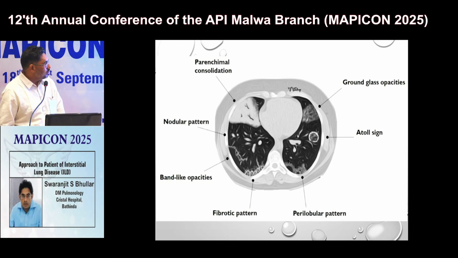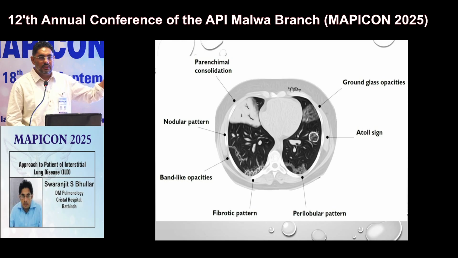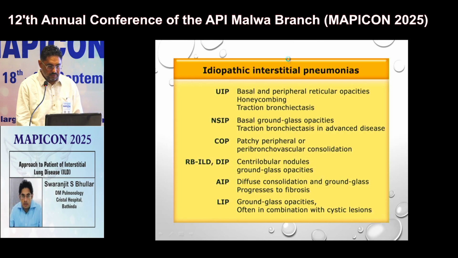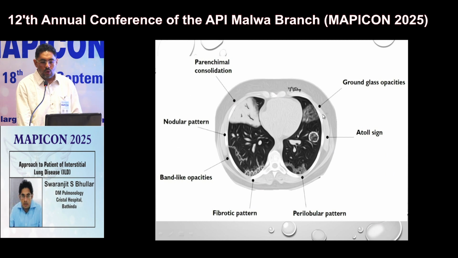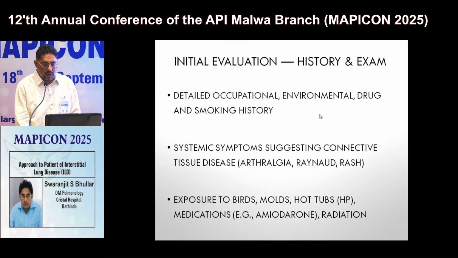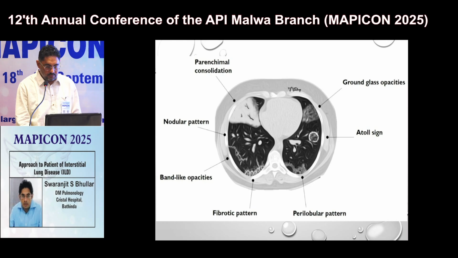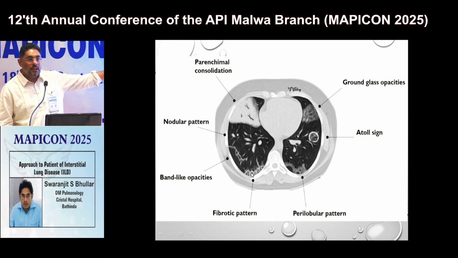So before going into the different presentations, you should know this slide. This is the most important slide on HRCT. So what are the different presentations? You should know. In any ILD, either you see a lot of ground glass, so this is the ground glass, or you see disease down in the subpleural areas, you see honeycombing.